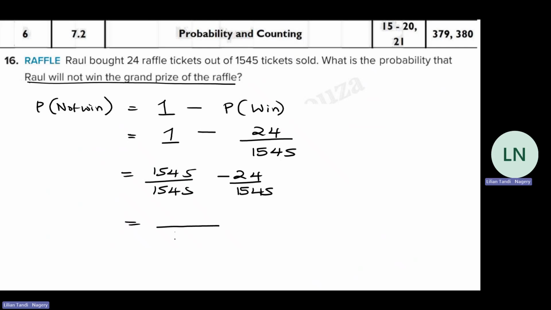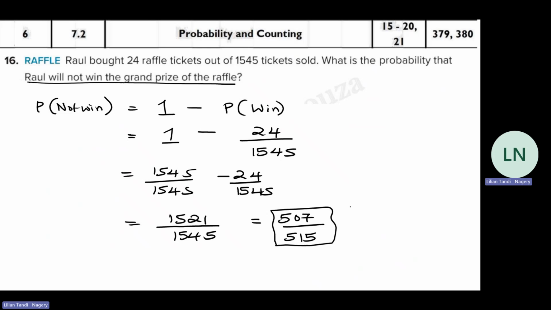Subtract the numerators. You should get 1521. When you simplify, you should get 507 over 515. You box your answer.